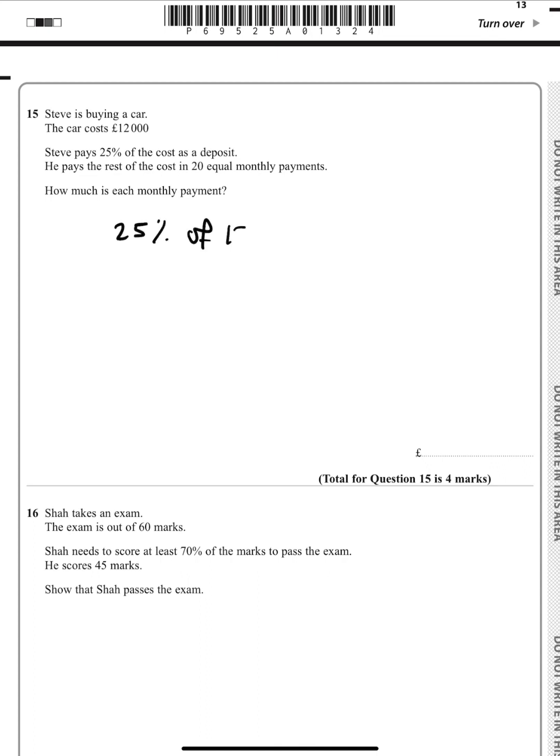So 25% of £12,000 is what I need to work out because it says he pays 25% of the cost and the cost is £12,000. To work out 25%, it's the same as saying 25 over 100 times 12,000. But we don't have a calculator here. So 25 over 100 can be simplified.